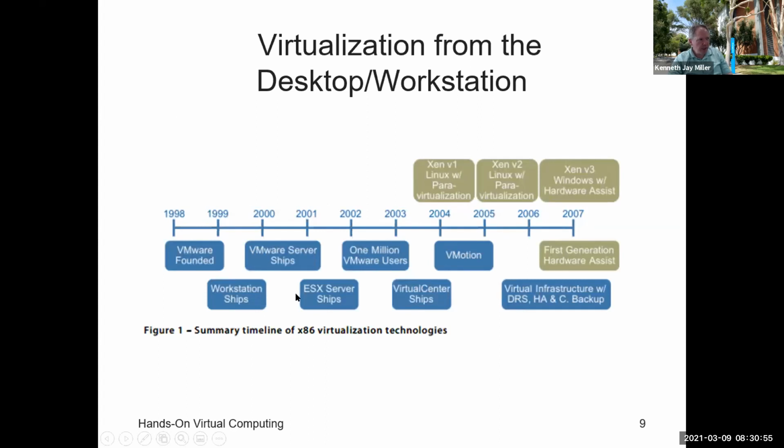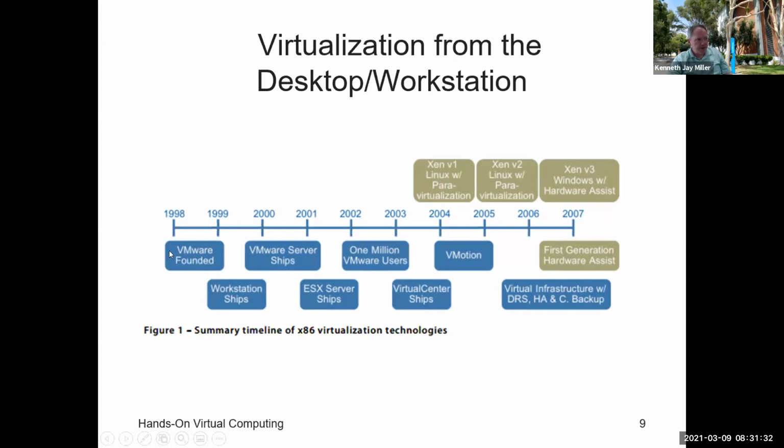So if we look at the timeline here, in 98, VMware was founded, and then a couple years later, they had Workstation, a couple years later, Server, then they started with ESX Server, 1 million VMware users, and then they got into vMotion, and then all these things in with their current dominating system known as vSphere, which we're going to talk about next week.